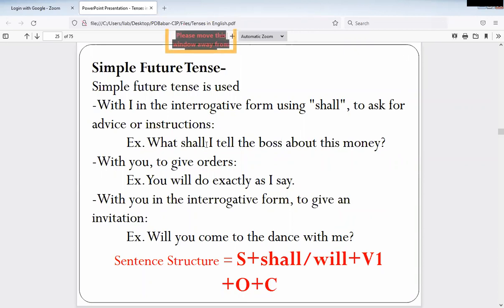Okay, you will do exactly as I say. Here we have used will after you, for giving advice or for giving the orders.